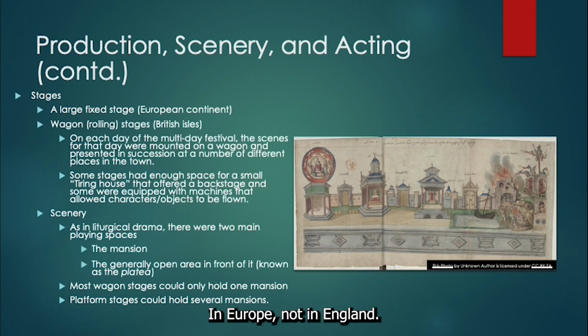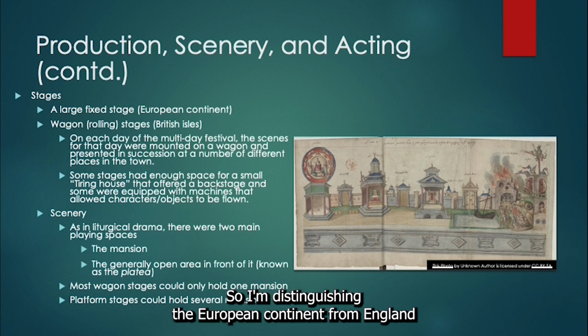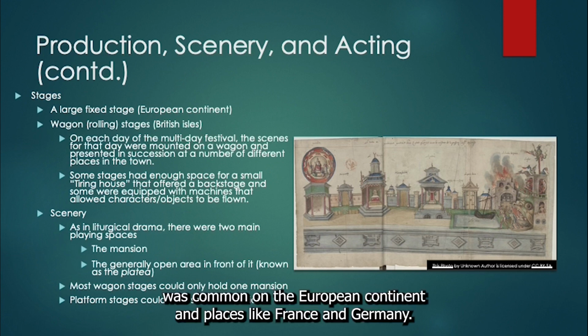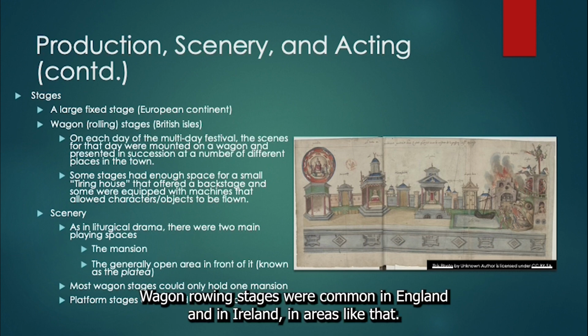In Europe, not in England, so I'm distinguishing the European continent from England and from Ireland. So a large fixed stage was common on the European continent in places like France and Germany. Wagon rolling stages were common in England and in Ireland and areas like that.